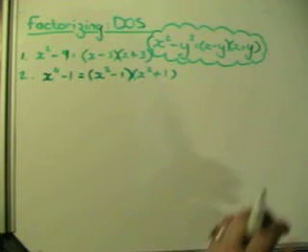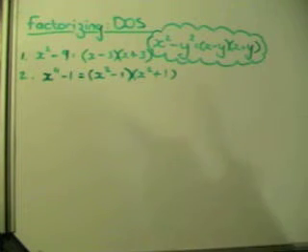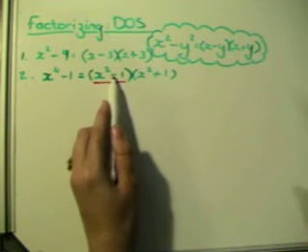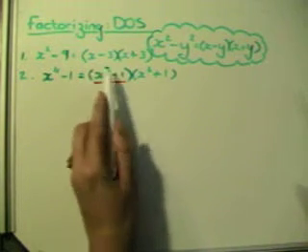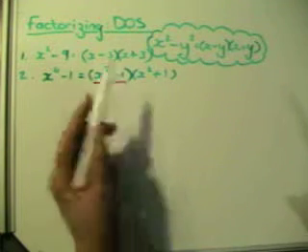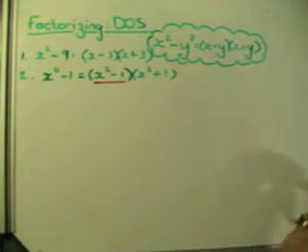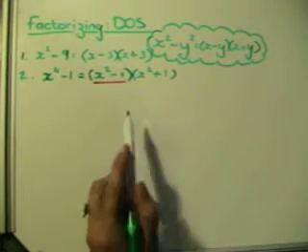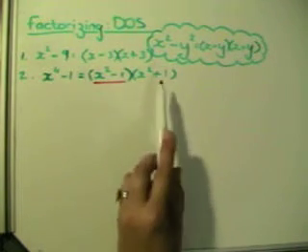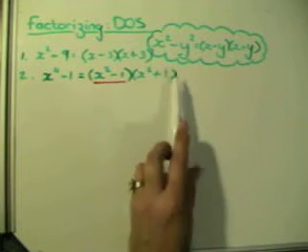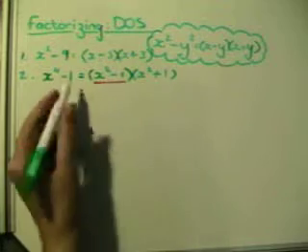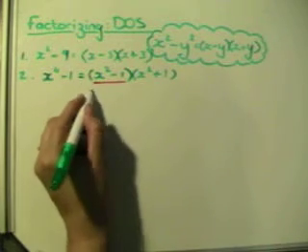But now have a careful look at this bracket. Can you see that this is also the difference of two squared numbers, because x is squared and 1 is a squared number. I can say 1 times 1 is 1, so that makes it squared. I don't have a rule for sum of squares, so this bracket I can't do anything with, but this bracket I can still factorize, see what happens.